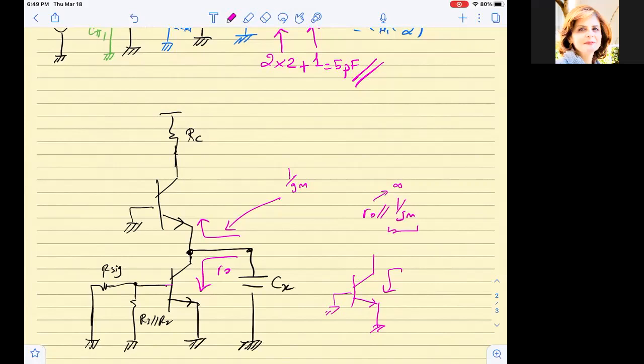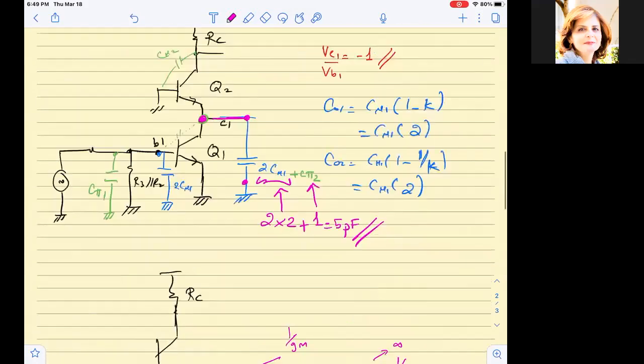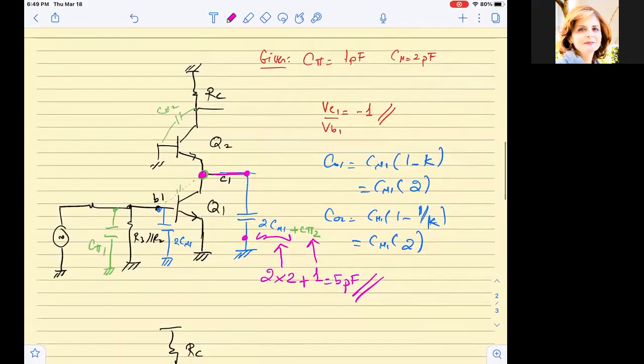So we need to come back here and see how many capacitors we have. We will remove this C mu2 and put it on this side. It was between here and here; it's really between this node and the ground, right? So this is C mu2.